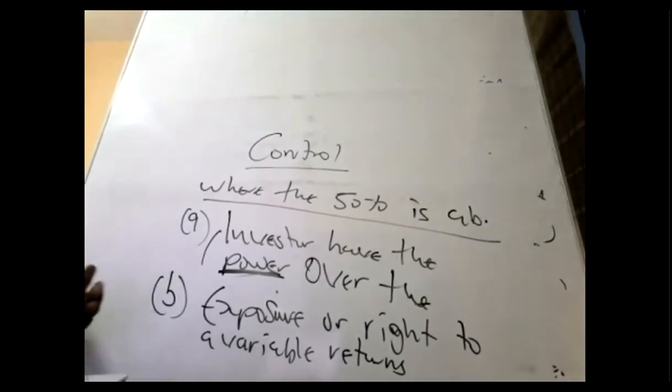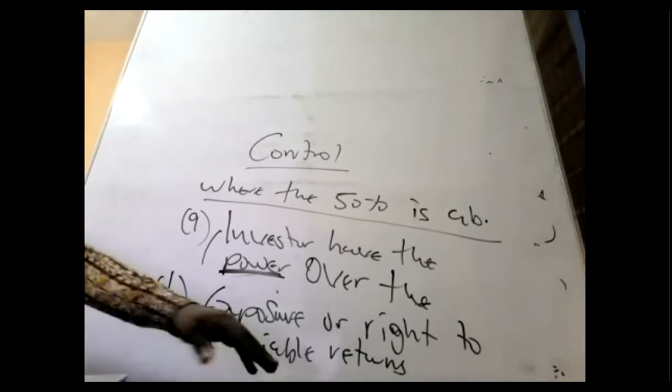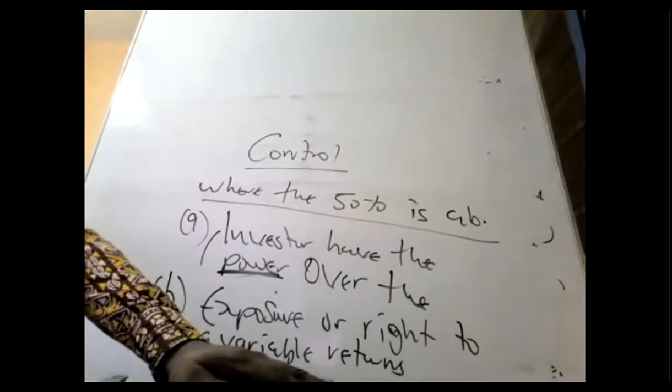Though you don't have the 50% threshold, you have variable return. Good. That is all you need to prepare consolidation.